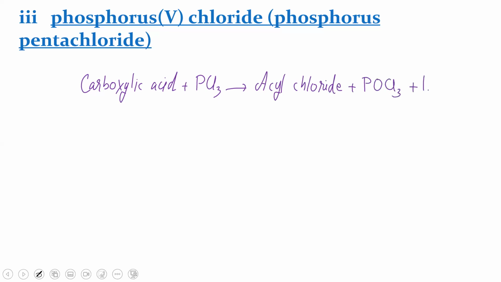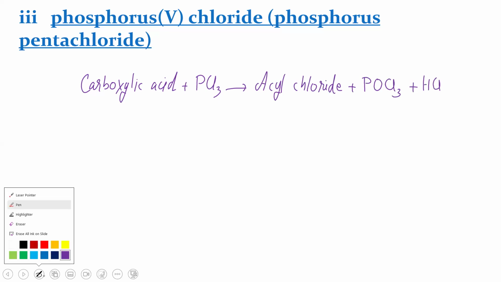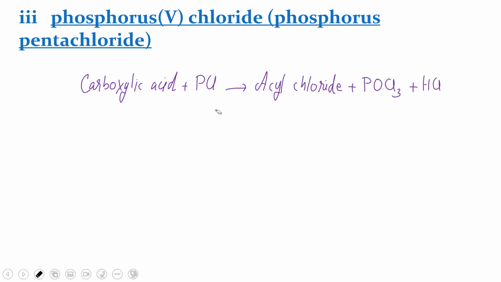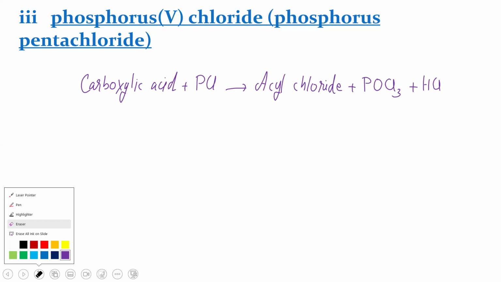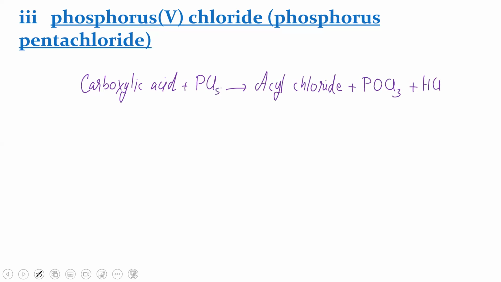Isn't it PCl5? Oh, sorry. PCl5 on the left side. PCl5 is on the left-hand side. This is phosphorus pentachloride. Now you have to memorize this thing. You have to memorize the word equation.